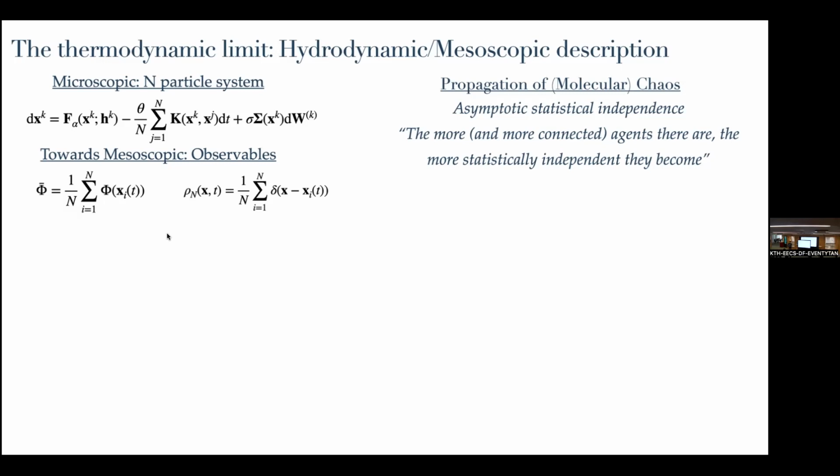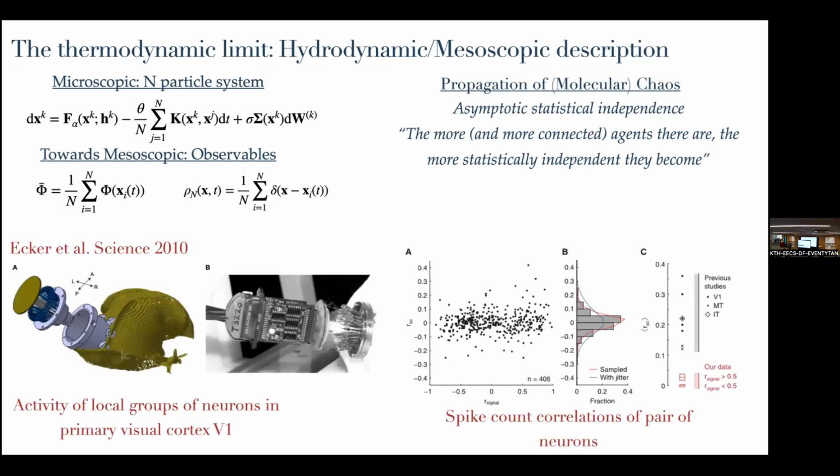But this is not just a mathematical property. I was attending a talk, and the speaker gave a nice example regarding brain dynamics, neural dynamics, taken from Ecker et al. in Science 2010.